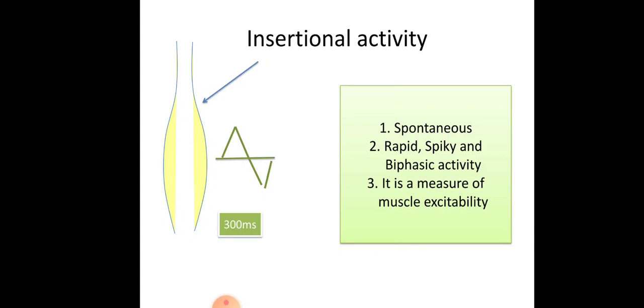And gluteus minimus is an important muscle to control the sway, because it is a part of pelvic muscle groups. So now, keeping those 2 points in the brain, if you measure EMG activity of gluteus minimus in standing position, the insertional activity is further reduced compared to the 300 millisecond, which was considered as normal.